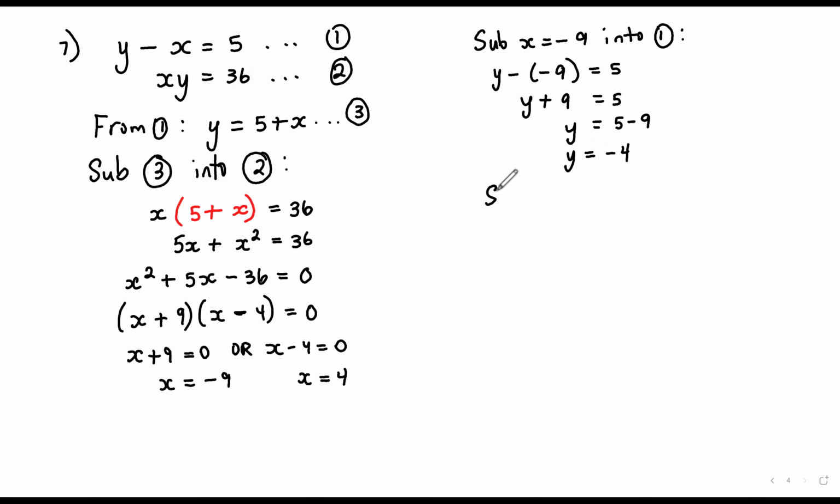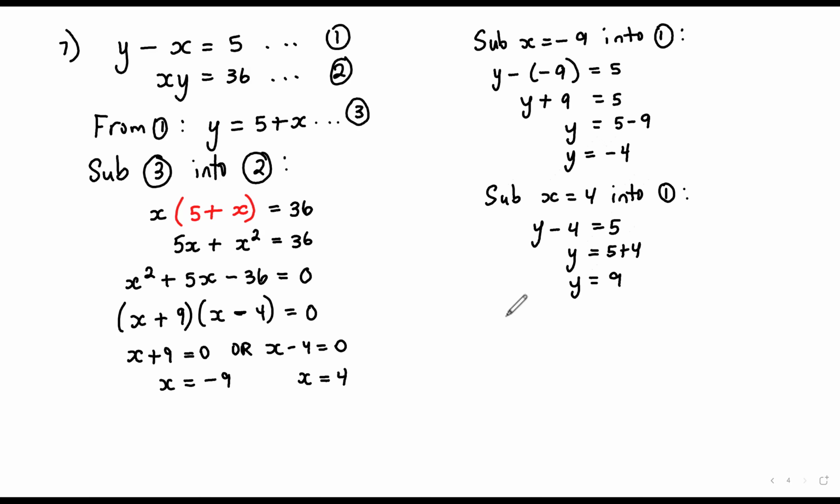And then the other one, substitute x is equal to 4 into equation 1 again. So this would mean that y take away 4 is equal to 5. So y is equal to 5 plus 4, which makes y equal 9.